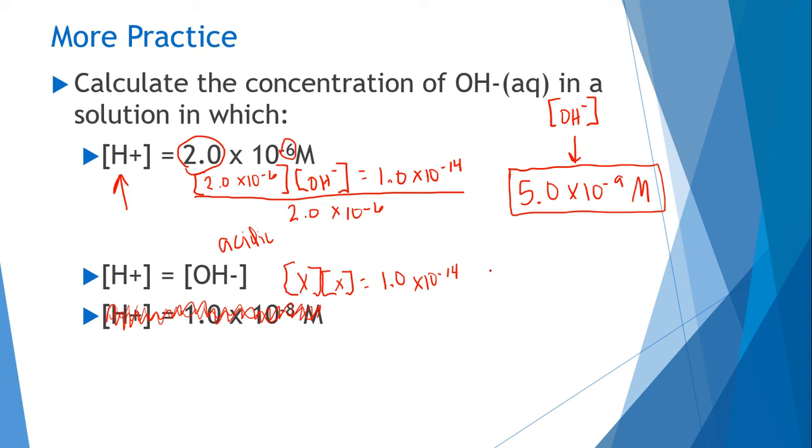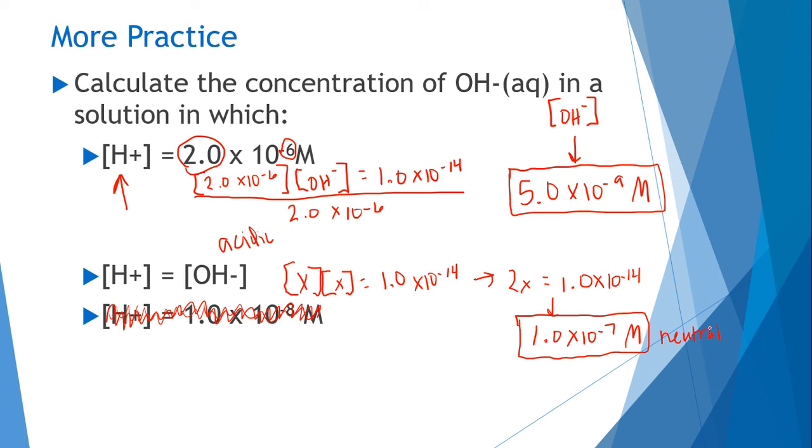This combines to become 2x equals 1.0 times 10 to the negative 14th. Then if you divide by 2, this is eventually going to be 1.0 times 10 to the negative 7th molarity. And we've talked about this. Whenever it is neutral, this is going to be its concentration. When they equal each other, it is neutral.